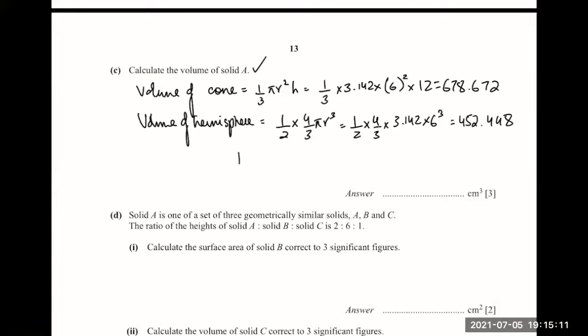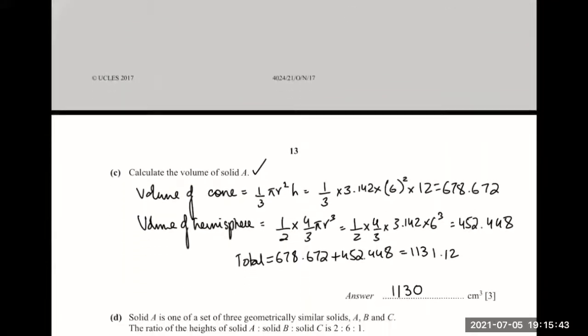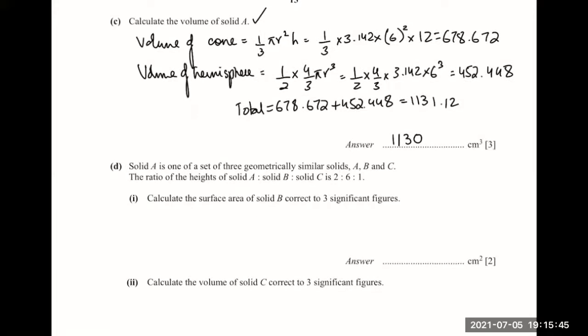Okay, total, rounded off to three significant figures, 1130. Okay, so far so good. I've gotten an easy 8 marks out of this, just applying basic formulas.